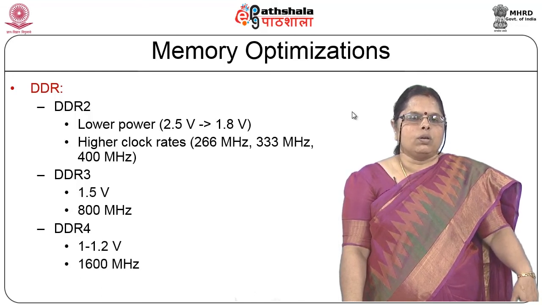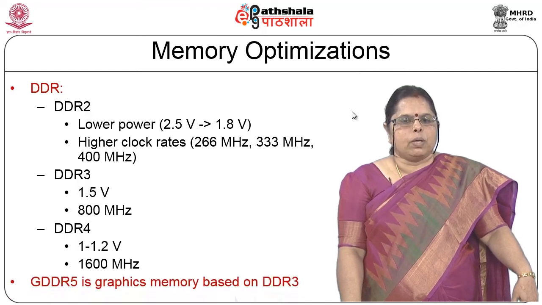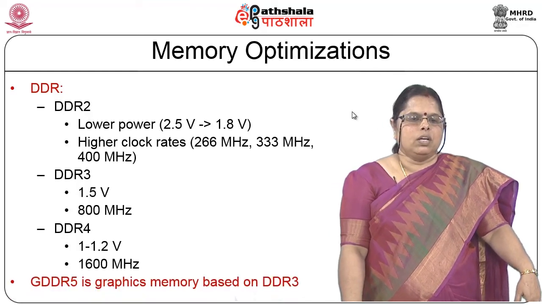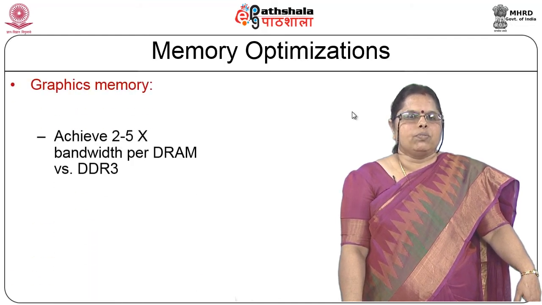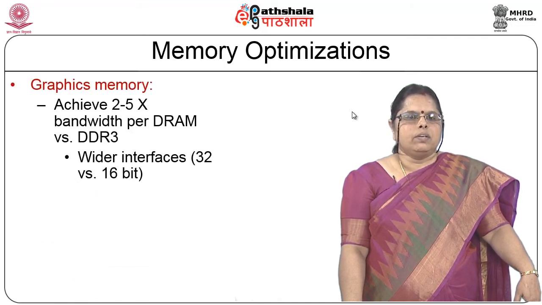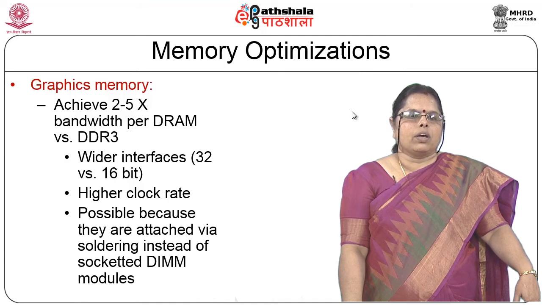DDR4 is just 1 to 1.2 volts and it can operate at 1600 megahertz. And of course you have a graphics memory based on DDR3, which is GDDR5. It achieves about 2.5 times the bandwidth per DRAM versus DDR3. It has wider interfaces and a higher clock rate, possibly because they are attached via soldering instead of socketed DIMM modules.